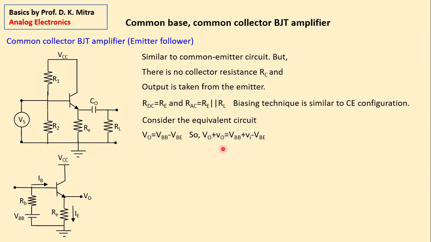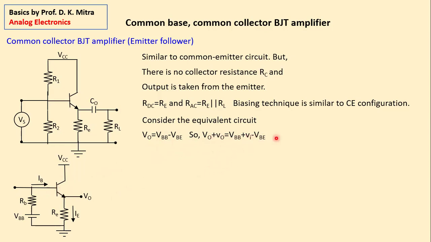So vi is the input here. Earlier your input potential was VBB. Now it is VBB plus vi, DC part and AC part. Output is also DC part and AC part. VBE, junction voltage, has no AC, only DC.